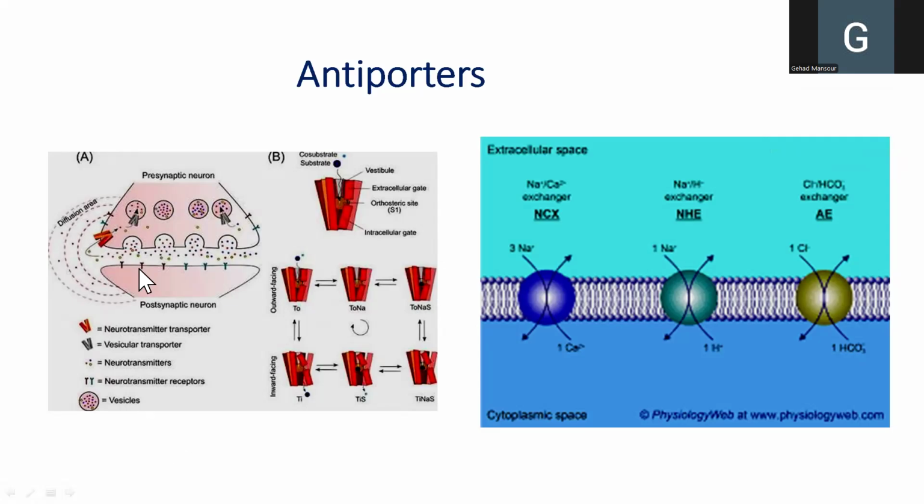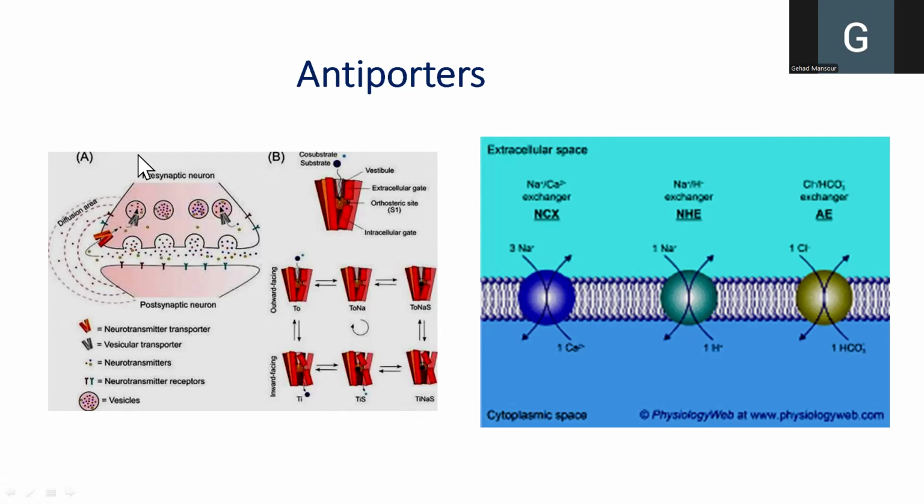For example, in this diagram to the left, we can see the synaptic knob, which is the swelling present at the end of a nerve or an axon. And this is the end of one neuron. This is the end of another neuron. And in between, we have a space that is called the synaptic cleft, as you know.